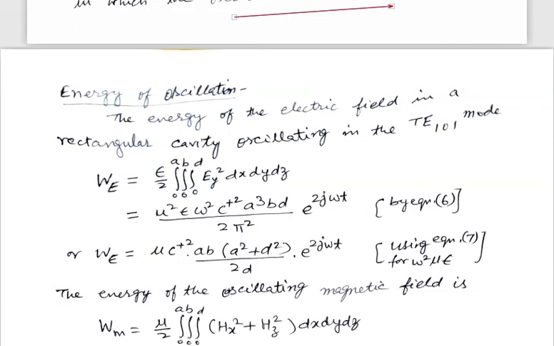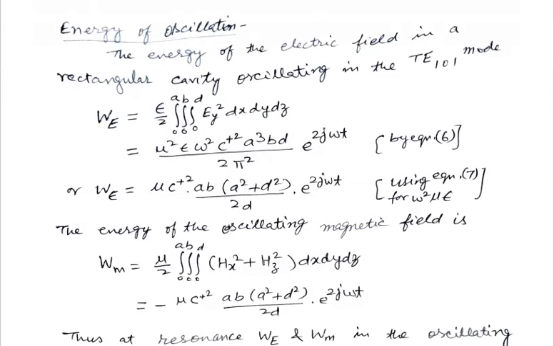Now we finally find the equations for the energy stored inside the cavity in terms of electric and magnetic fields. Here we are calculating for the dominant TE101 mode. The energy stored in the form of electric field is given by W equal to epsilon upon 2 times the volume integration of E square dx dy dz.